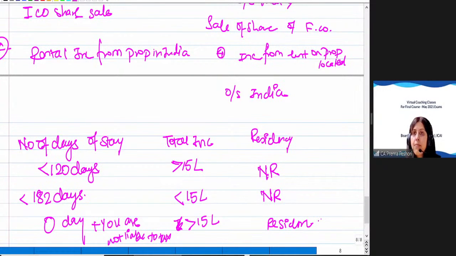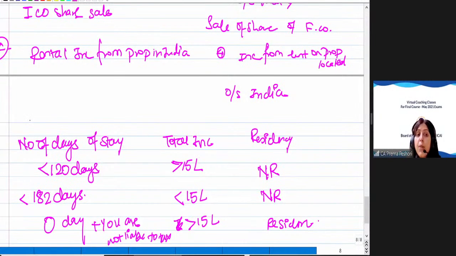Are you clear? So when you have to apply this second exception, when your income is greater than 15 lakh, you have to apply the 120-day condition. If your income is less than 15 lakh, you have to apply the 182-day condition. And if you're not liable to tax in any country, and if your income is more than 15 lakh, then even if you have not stayed for any day in India, you would be considered as deemed resident in India.